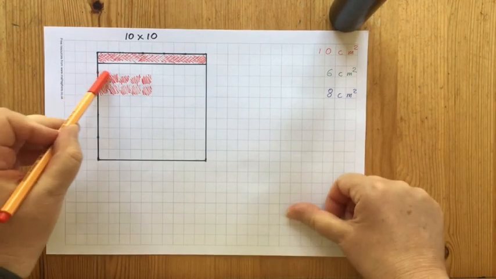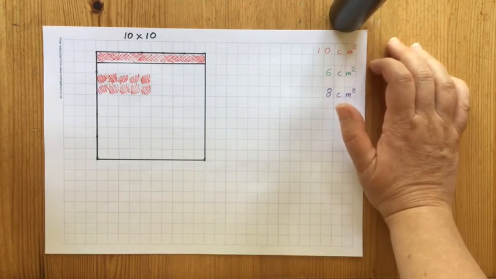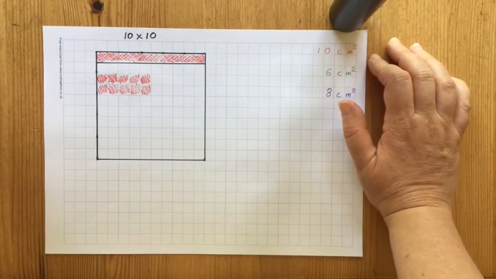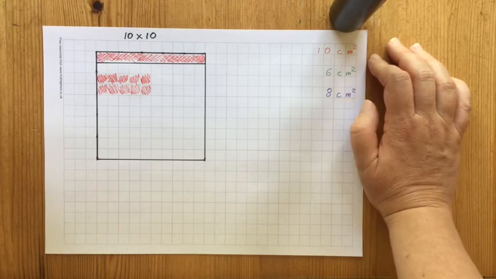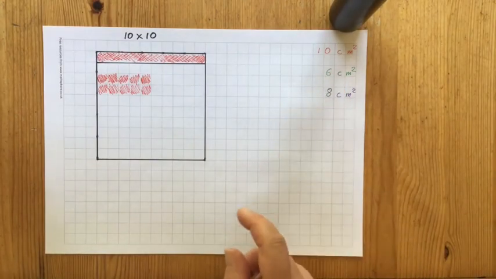There's another shape. That's area of 10 square centimeters. Could you do it another way? Have a go. Once you've done your 10 square centimeters, have a go at 6.